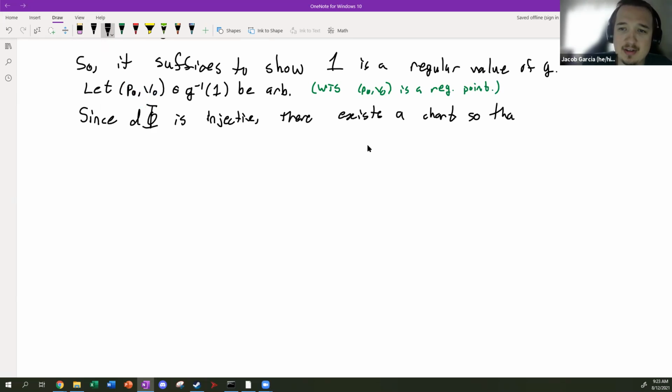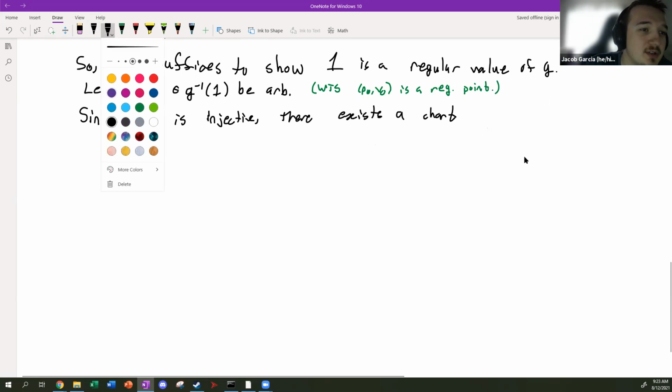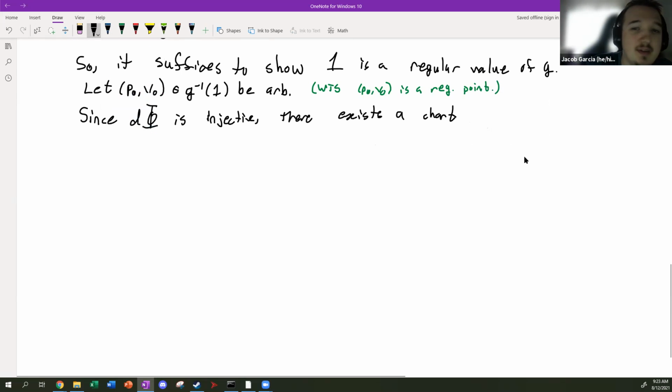Okay, there exists a chart, and I'm going to specify this slightly more. OneNote is a terrible program for taking notes, but I've been dealing with it for years, so we're just going to keep doing this.